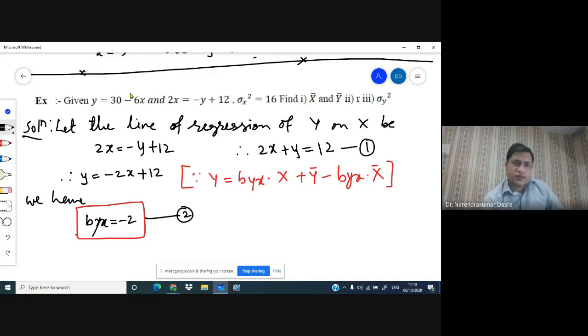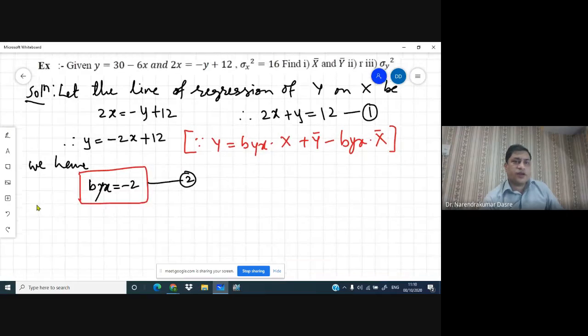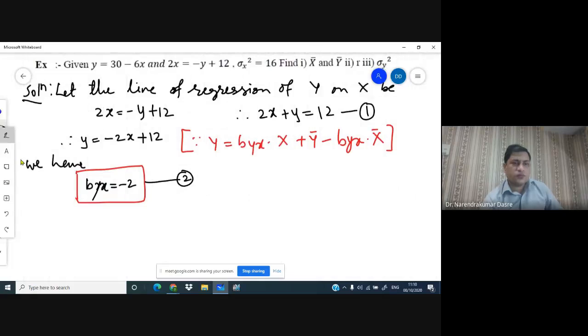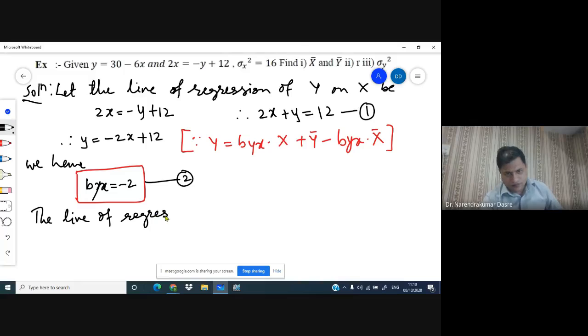Now this is the line of regression of x on y. So we can write here the line of regression of x on y: y is equal to 30 minus 6x.